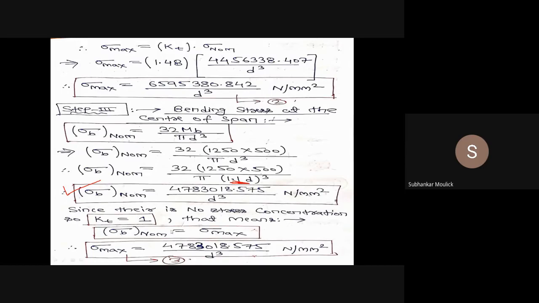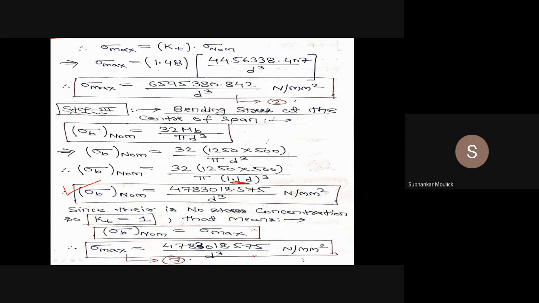So sigma max will be sigma nominal. So KT is what? KT is sigma max by sigma nominal. If KT is 1, sigma max is equal to sigma nominal. So the maximum bending stress generated at the mid portion of the beam will be nothing but this particular value, that is 4783018.575 by d cube Newton per millimeter square.